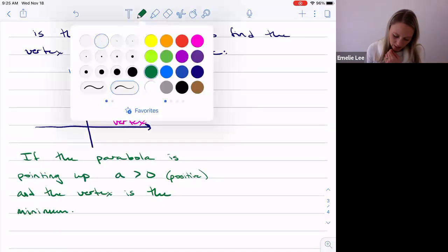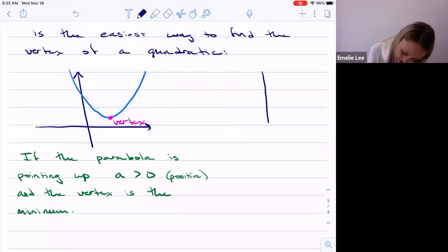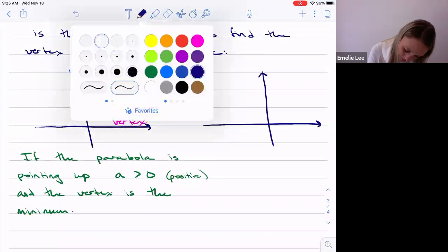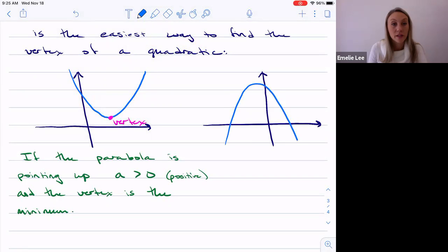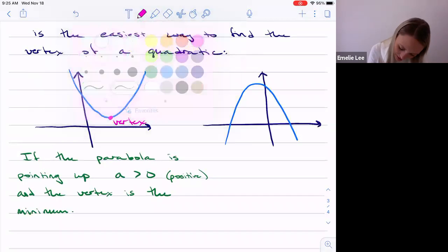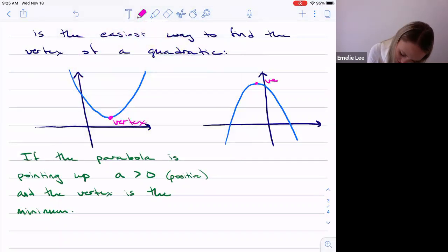What about if we have something like this? That's a quadratic, some sort of parabola. And here we know that this is the vertex again.